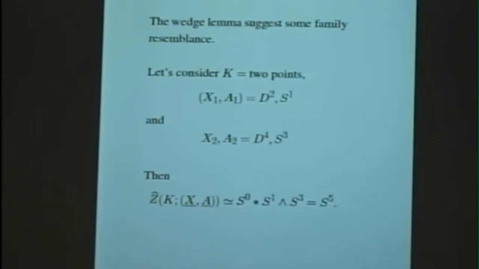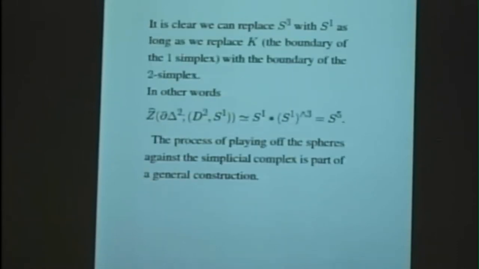Let's consider K equals 2 points. Over one vertex, I put D2, S1. Over the other vertex, I put an exotic situation, D4, S3. Then I use the wedge lemma. I'm only using the Z hat parts. I really want to make a statement about Z, but I'm talking about Z hat. And I get this 5-sphere from the wedge lemma. Now, we'd like to get rid of the 3-sphere and replace it with a 1-sphere, which is what the moment-angle complex is built out of.